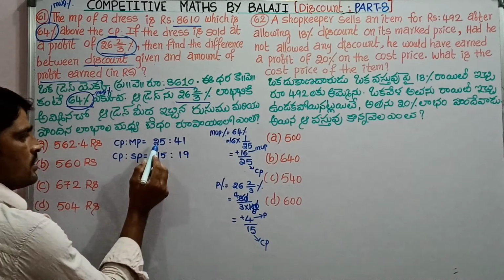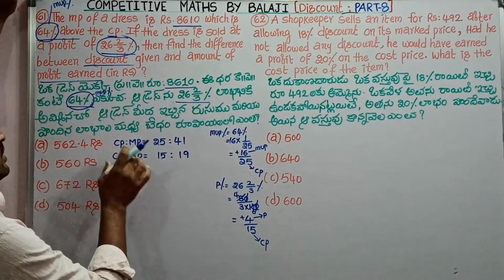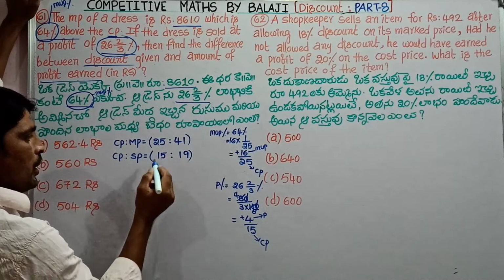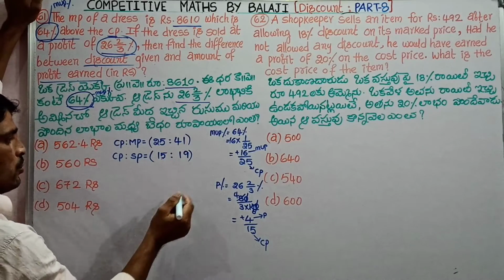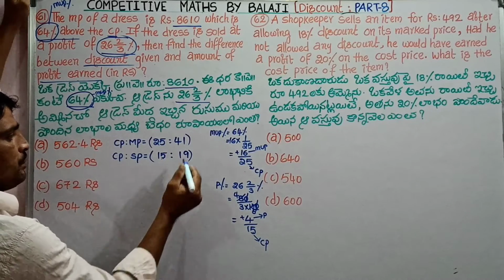But the cost price must be the same in both cases, since it is the cost price of only one dress. So equate the cost price in both the ratios. The LCM of 25 and 15 is 75.